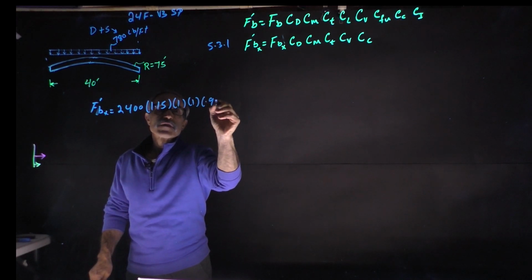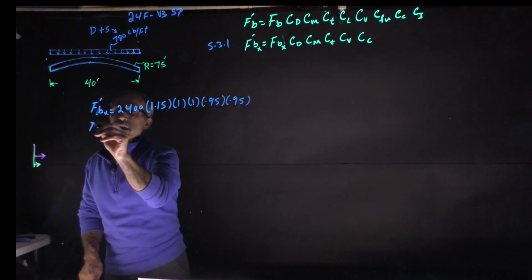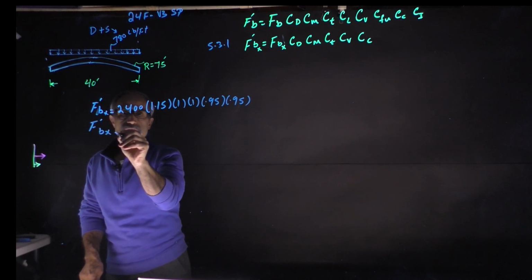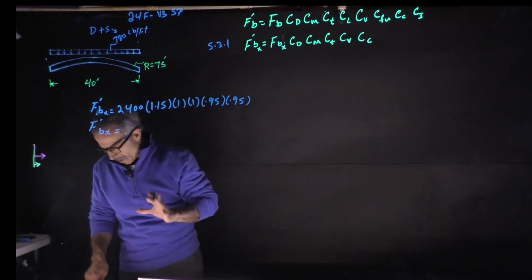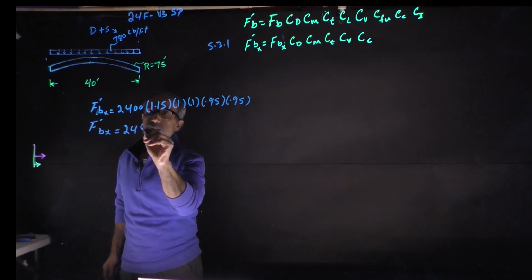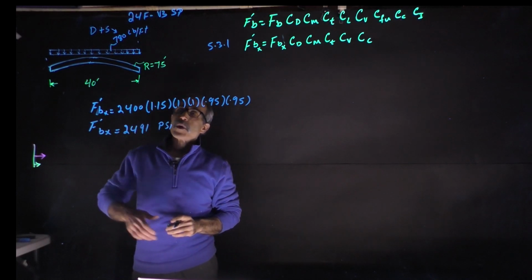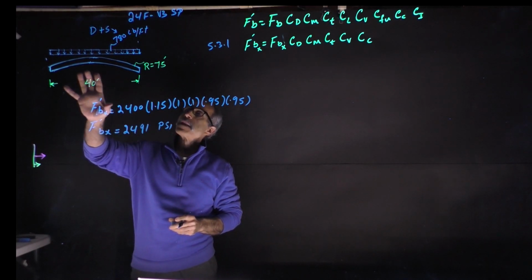Let's guess 0.95 and 0.95. I'm just guessing at these. So my F prime BX, this is just a guess, not the actual value, comes out to 2491 psi.